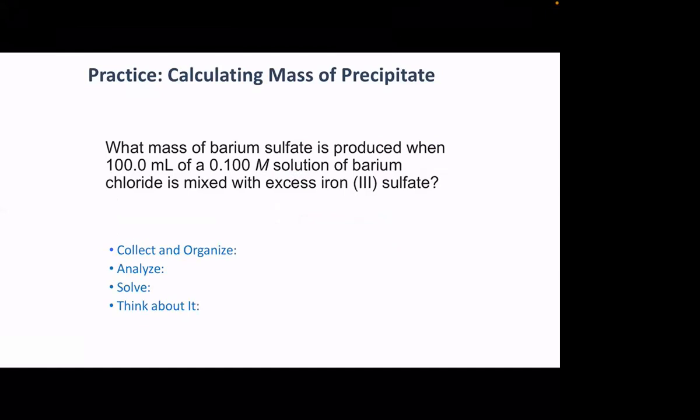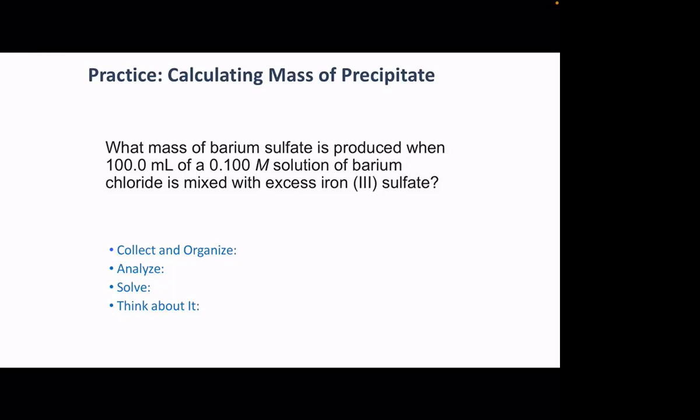This is similar to the question I just told you about, A12, figuring how much chloride was in solution, on page 363. So, what mass of precipitate is going to form, specifically barium sulfate? I'm not going to ask you to do this on your own. It's a tough problem, so we're going to just talk through it.